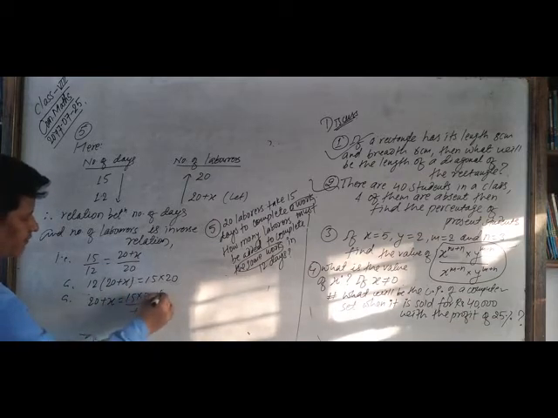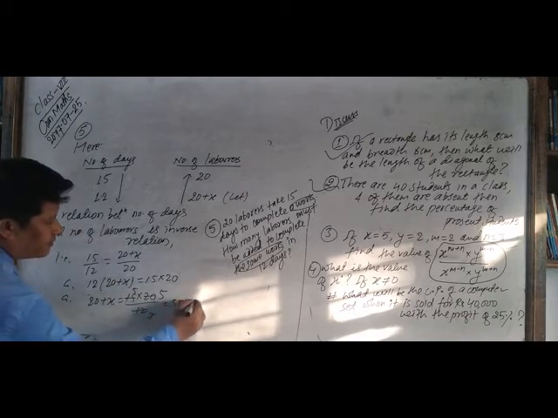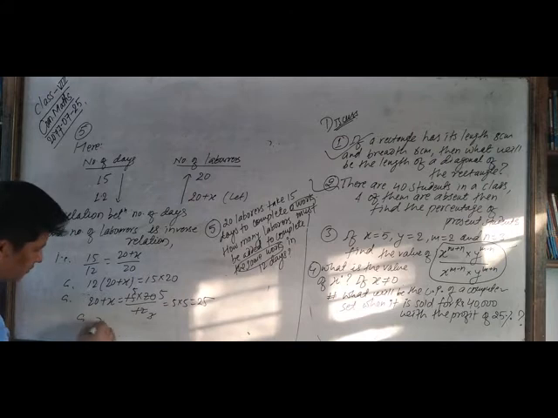4 3s are 12, 4 5s are 20, 3 5s are 15, so 5 5s are 25. 5 into 5, that is 25. So 20 plus x equals 25. So value of x is 5.